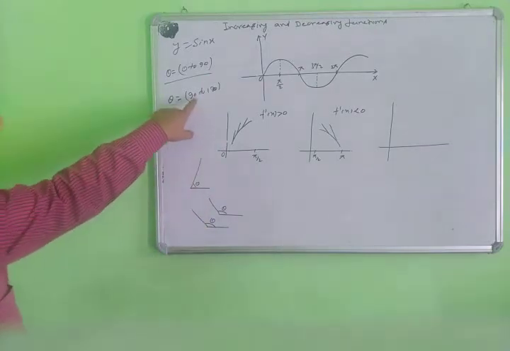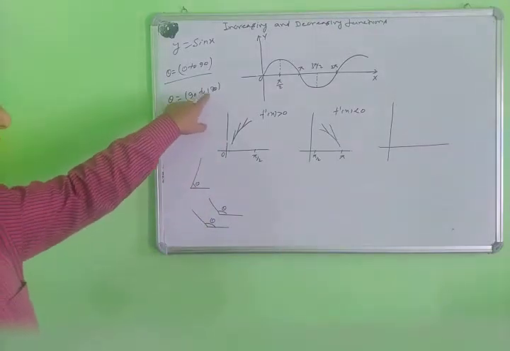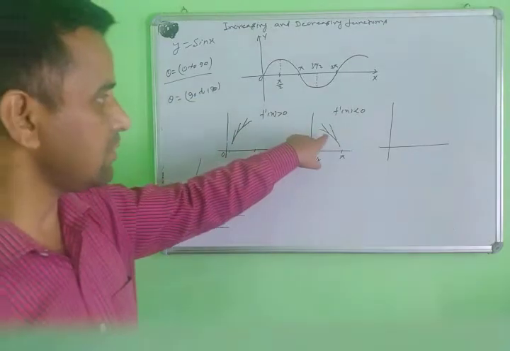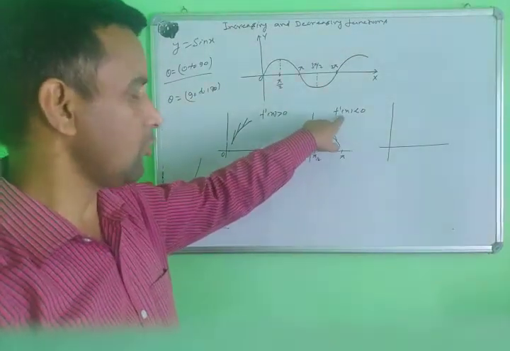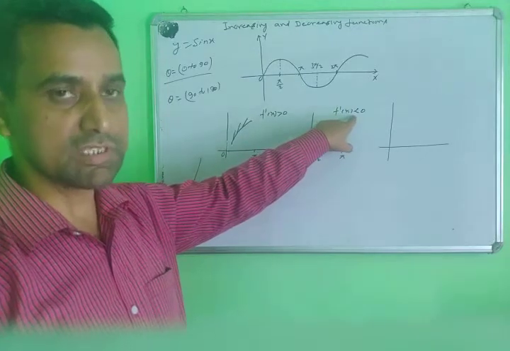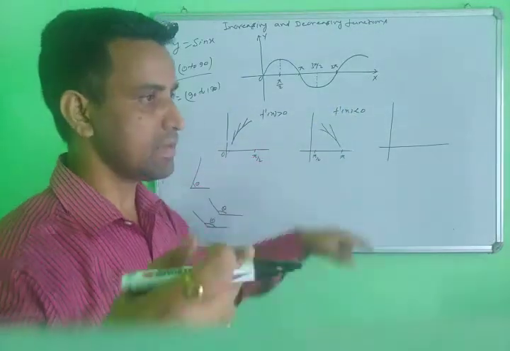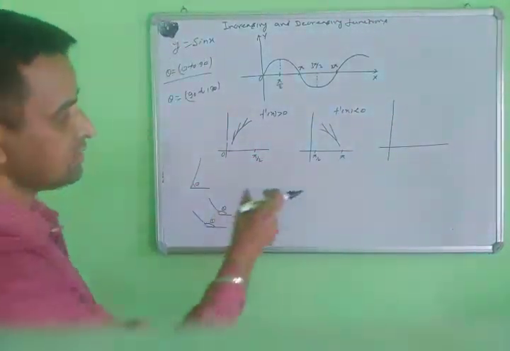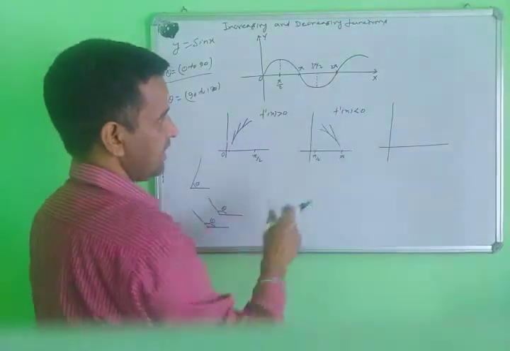Then the slope of the tangent is negative, such as minus 1, minus 2, minus 3.